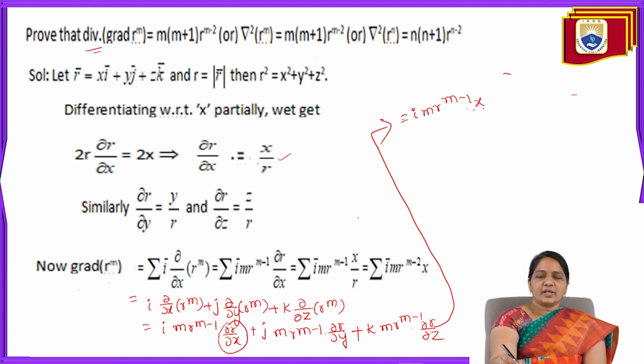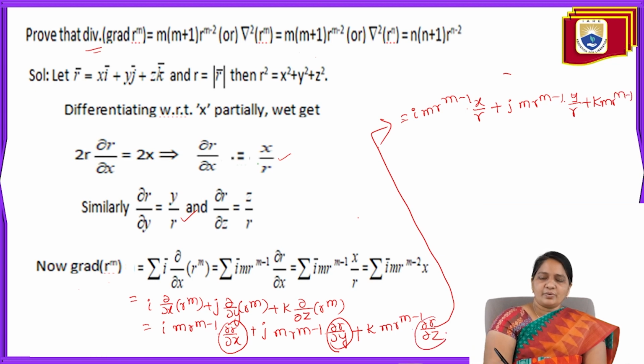So this is x/r plus j into m r^(m-1). In place of ∂r/∂y, I can use y/r. So that is y/r plus k into m r^(m-1). Here ∂r/∂z value is z/r.